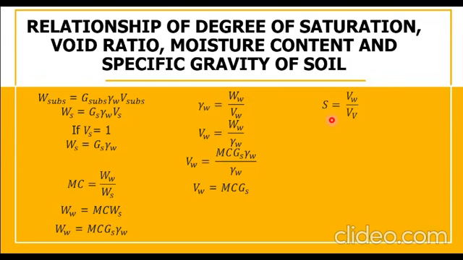And then we tackle the degree of saturation. Degree of saturation, as we recall, is equal to volume of water over the total volume of voids. If we substitute again the volume of water from here, it will be equal to moisture content multiplied by the specific gravity.